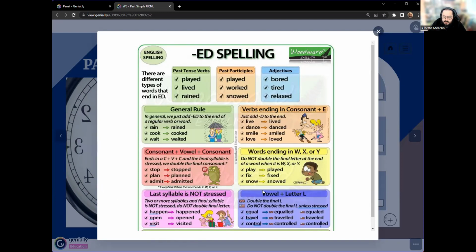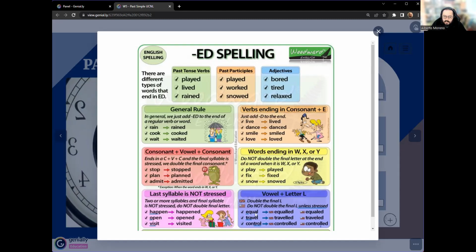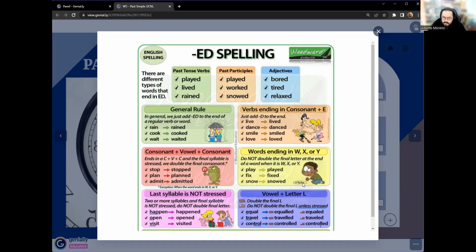Y cuando tenemos la terminación vocal más la letra L, en inglés británico se pone doble la letra L más la terminación ed, mientras que en inglés americano solamente se pone la terminación ed. Ok. ¿Dudas, chicos y chicas? ¿Preguntas?